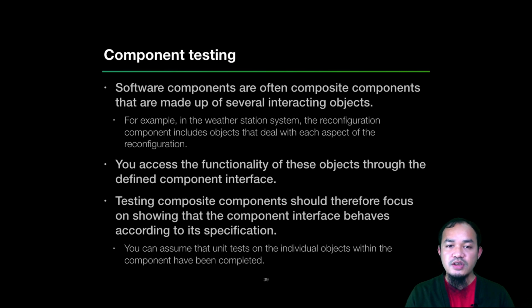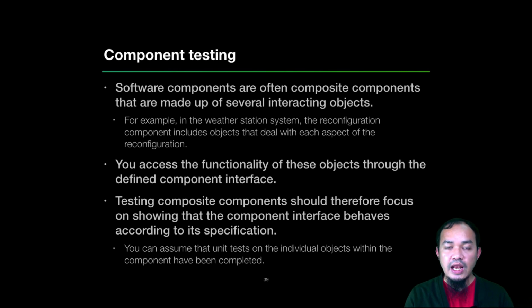For example, in the weather station system, the reconfiguration component includes objects that deal with each aspect of the reconfiguration. They deal with many other objects, so we have to make sure the object is working correctly according to the criteria. You access the functionality of this object through the defined component interface, because most component code right now is written based on the interface.